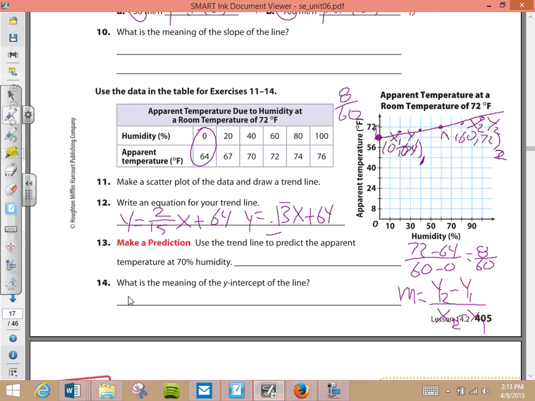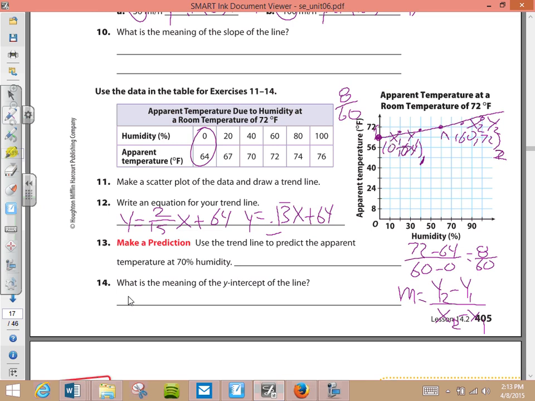In the equation, what letter is the slope? What does b mean in the equation? The y-intercept. Do we have a y-intercept? Where? 64, right? So are you still confused?